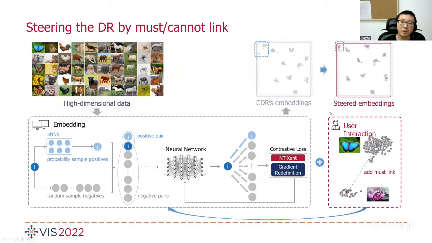After that, the user can interact, adding must-links and cannot-links to steer the embedding results. It's also an advantage of parametric approaches: the embedding function represented by the neural network can be updated in the learning framework.